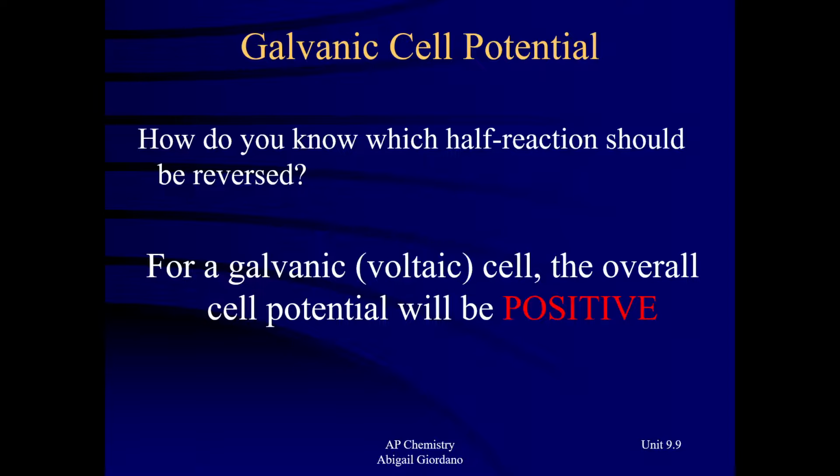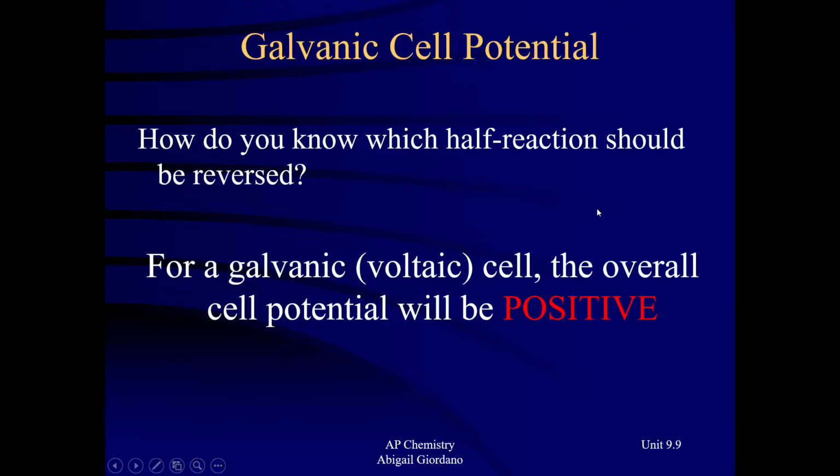You have your two half reactions, you have to flip one of them because you need an oxidation as well as a reduction. When you add those potentials together, galvanic cells will always, always, always have a positive total.